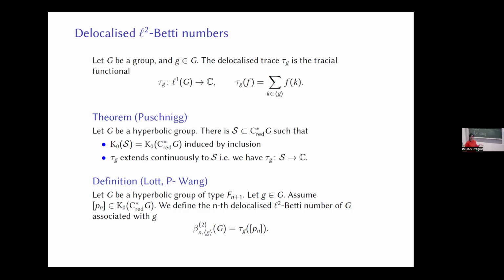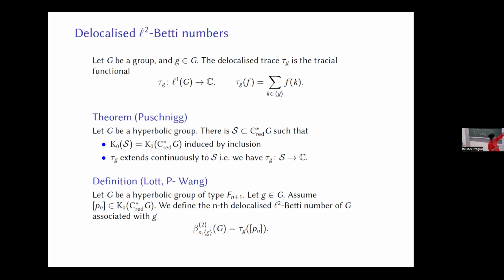If we had more Schwarz algebras or smooth subalgebras associated with other groups, to which we could extend these delocalized traces, and which had the same K-theory, that would be fine. The extension to the Schwarz algebra is the main key. And if we had more groups with this property, then of course we could extend our definition to a larger class of groups and not just hyperbolic groups. But as of now, this is what we have, and that is what we define as the delocalized L²-Betti number.